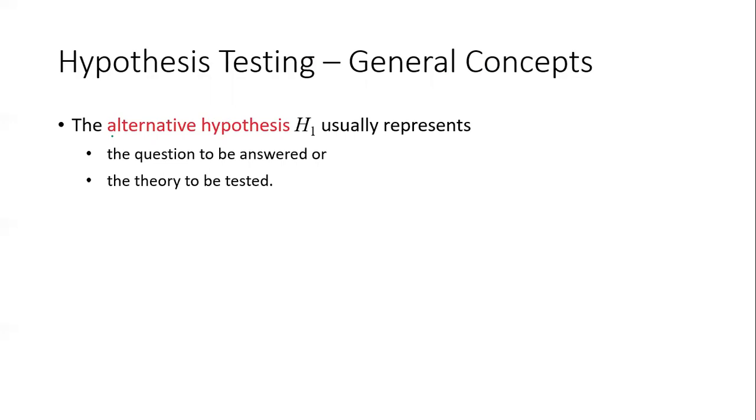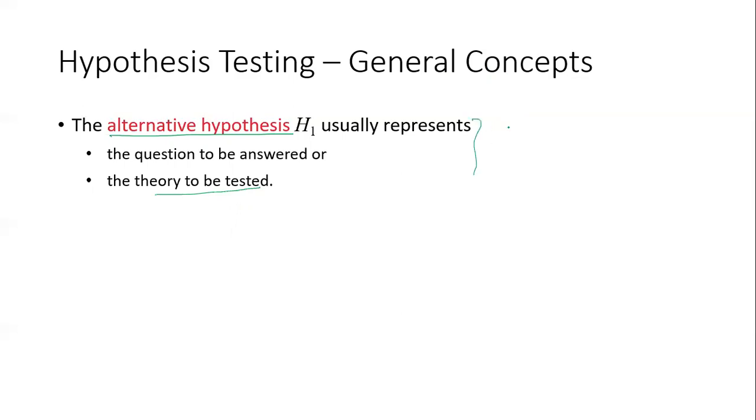Well, generally, the alternative hypothesis usually represents a question to be answered or the theory to be tested, okay? So for example, if you think something that should be proven, then you put it in the alternative hypothesis. That is, if you think that, well, the height is not equal to 70, you put it in the alternative hypothesis.